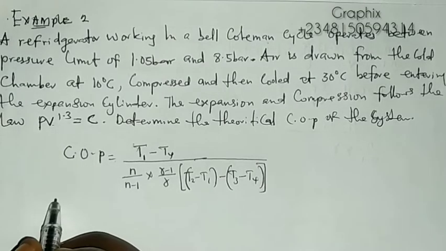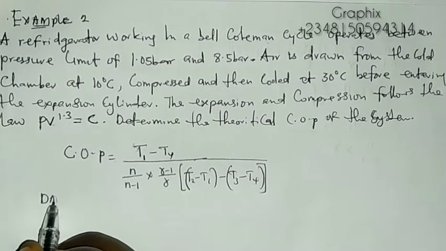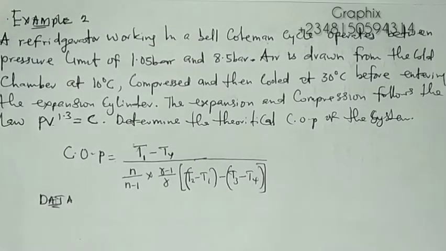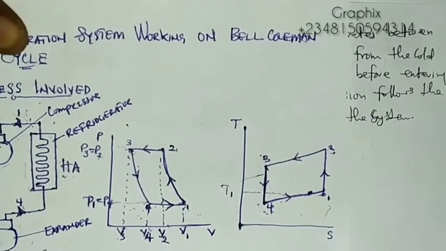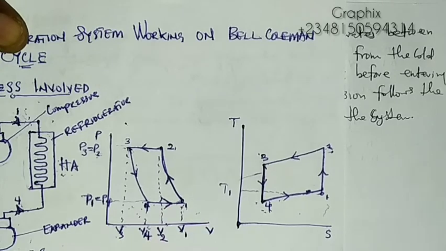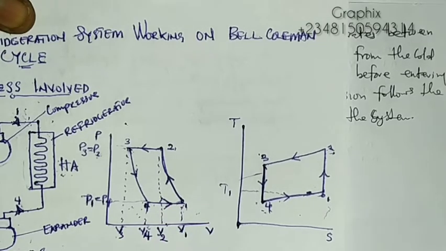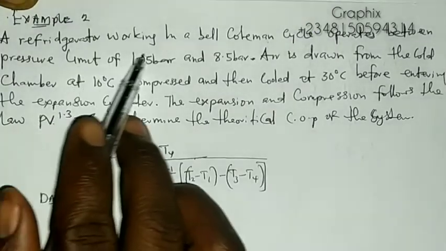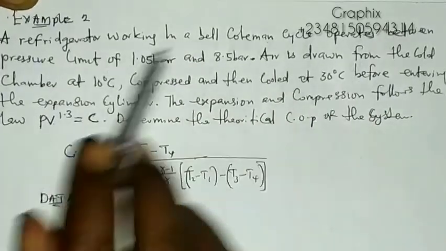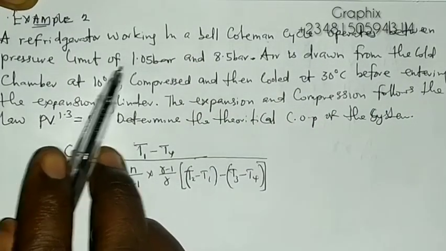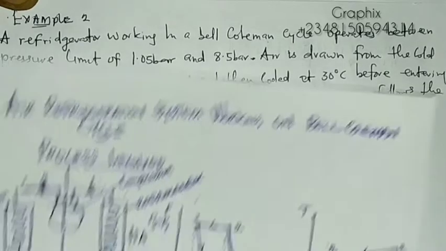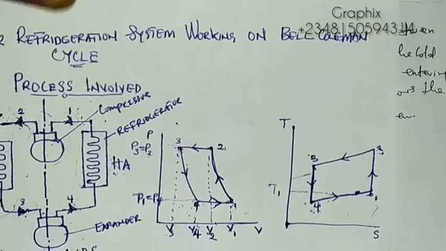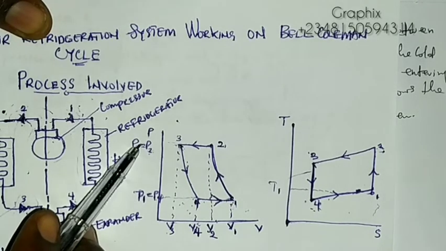So write out our parameters, the data given. Now another most important thing is that we must always draw a graph, this graph here, to help us in doing what we want to do. So it says a refrigerator working in a Coleman cycle operates between the pressure limits of 1.05 bar and 8.5 bar. So the pressure limit is in between P2 and P1.